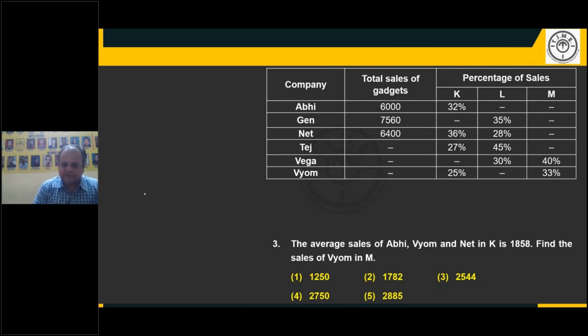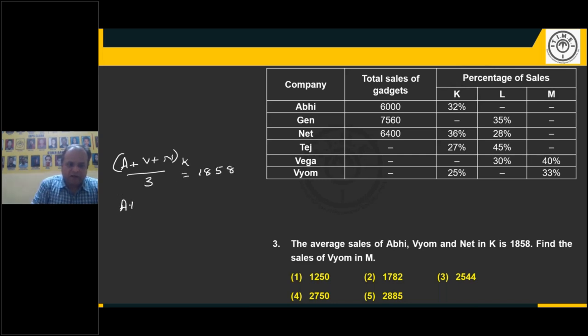We have to find the sales of Vyom in M. The average of three things has been given, and that is 1858. So if I write it down, Abhi plus Vyom plus Net, and the average in village K is given to be 1858.